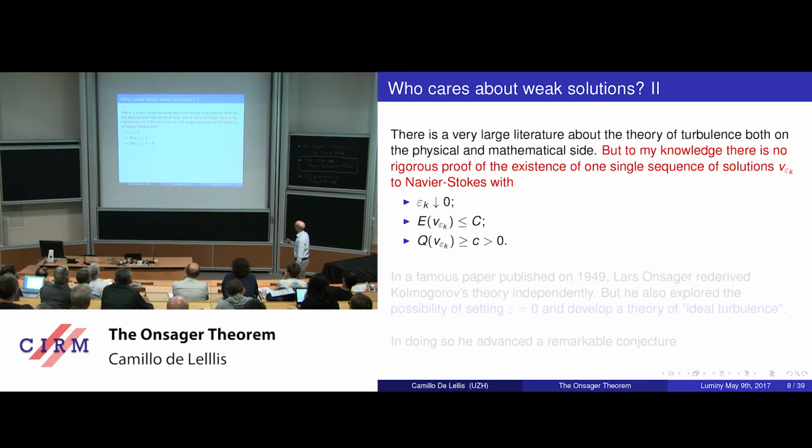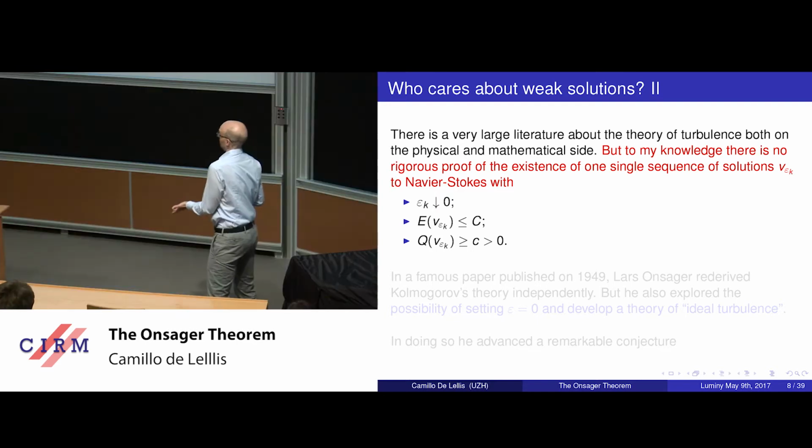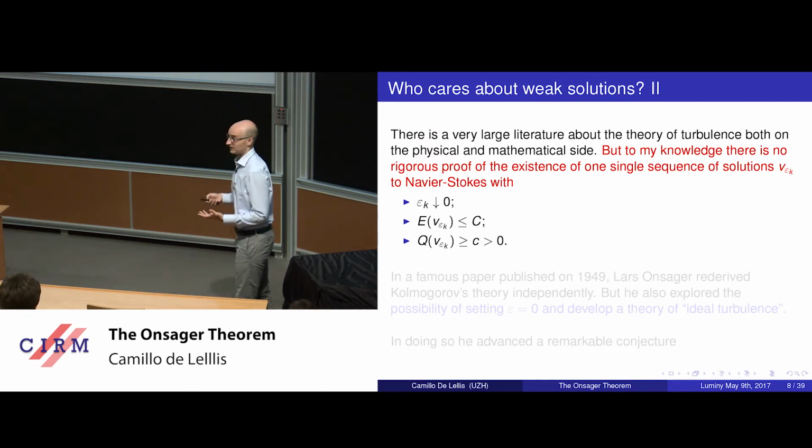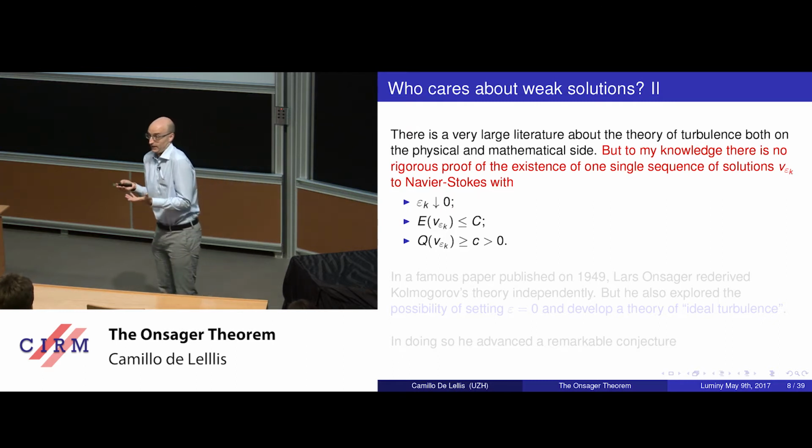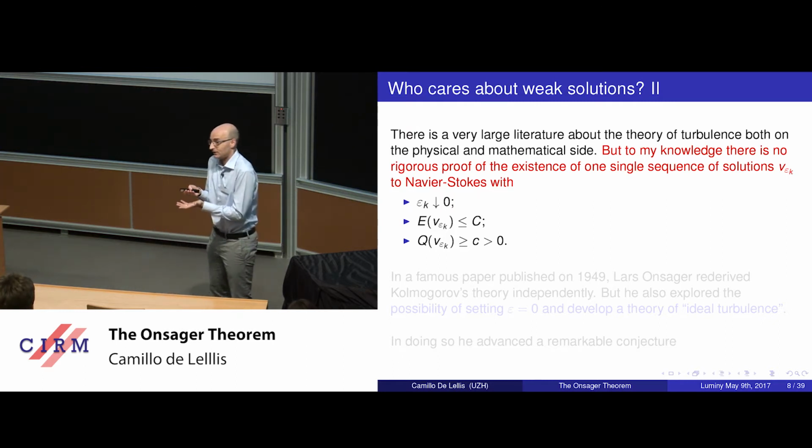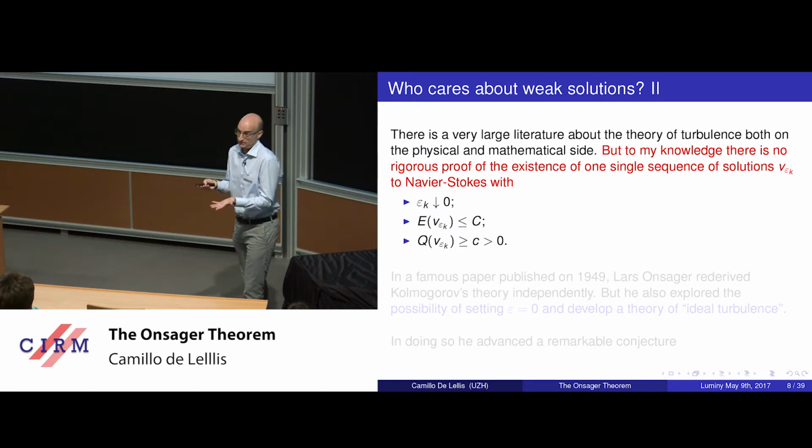So you're expecting the existence of a sequence of solutions v_{epsilon_k} to the Navier-Stokes equations with the viscosity going down to 0, epsilon_k goes to 0, the energy bounded, and the dissipation bounded from below, independent of epsilon_k. Now, I don't know of any result which is actually showing this for just one sequence, although the theory predicts it's typical.